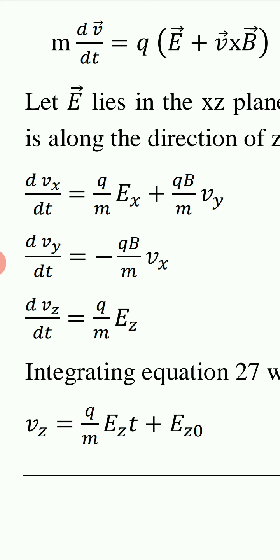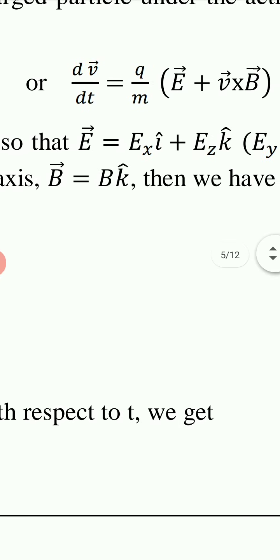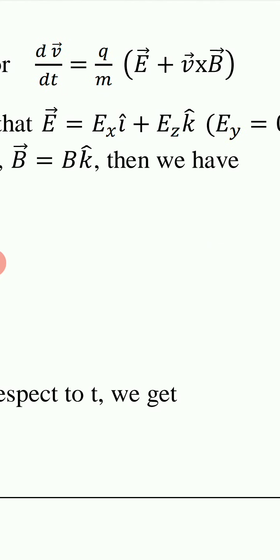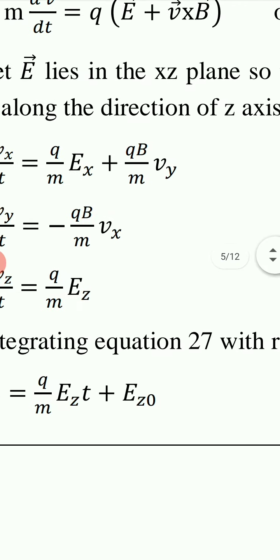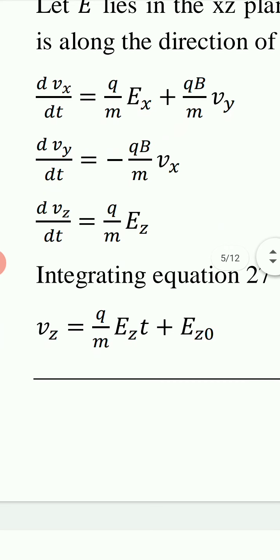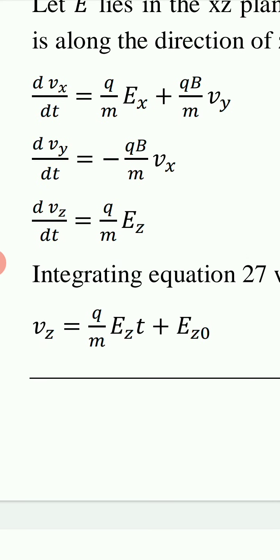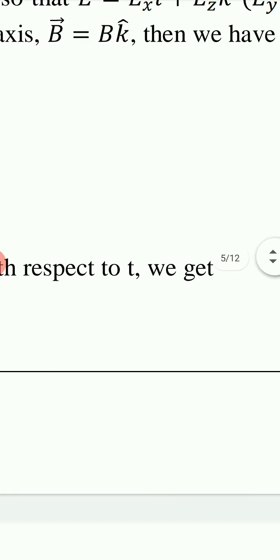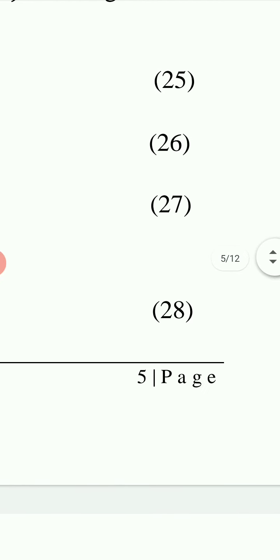These three equations can be determined from this equation by substituting these values of E vector and B vector and solving v cross B by using the determinant. So we write three equations corresponding to the x, y and z components. These equations we write as equations 25, 26, 27.